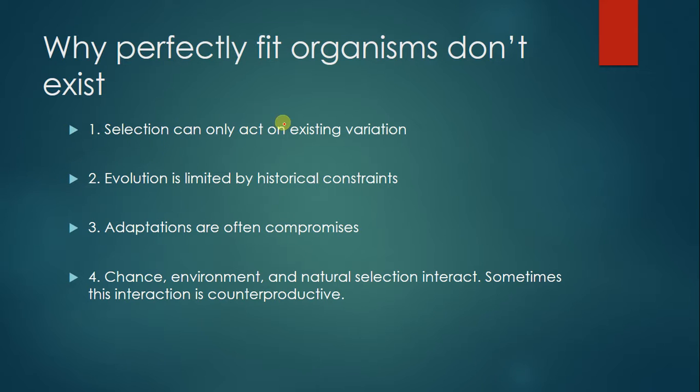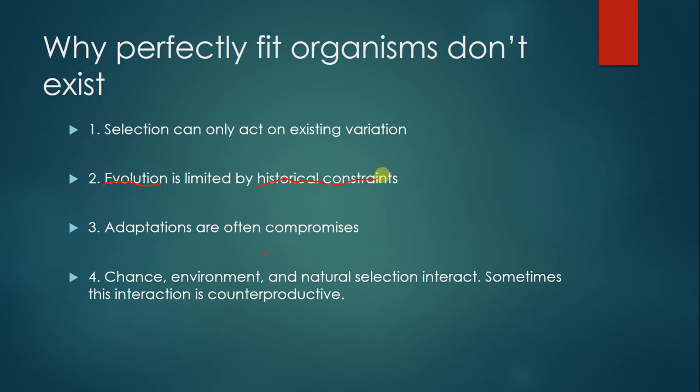Right, so why don't perfectly fit organisms exist? Well, selection can only act on existing variation. That's why birds can never have jet engines. The variation, the genetic precedents have to be there. Also, we can't start from scratch every time. There are evolutionary limitations that allow organisms to develop correctly and survive that can't be changed. Adaptations are often compromises between environmental stressors and other things.